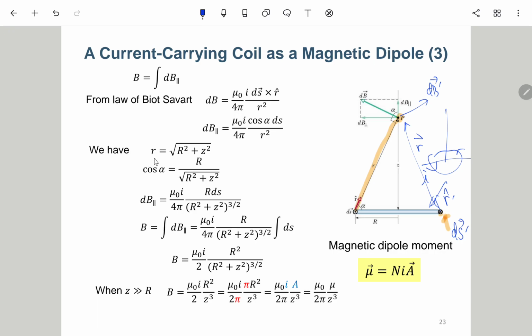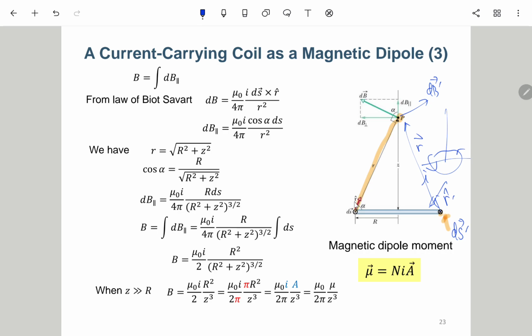Actually here we need to find cosine of alpha in terms of s, or in terms of z, so that we can actually do the integration. So here we try to plug in r equals the square root of R squared plus z squared. So what is r? R is this one, and then z is this one, and then R is the radius of the coil.